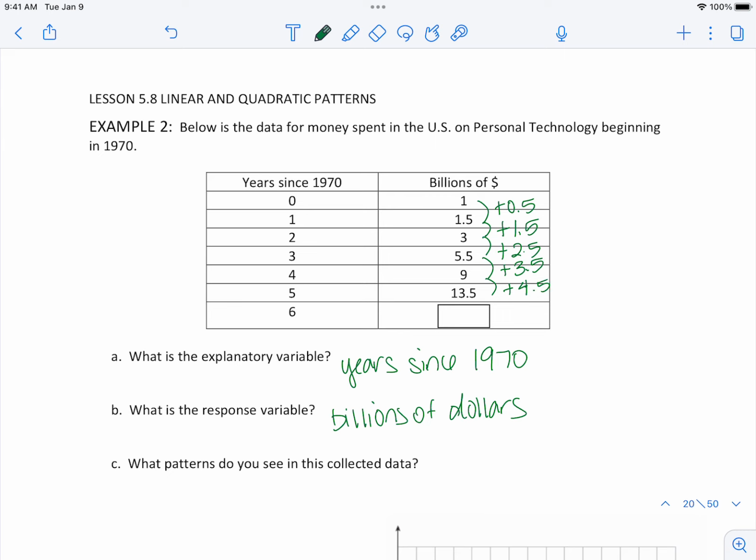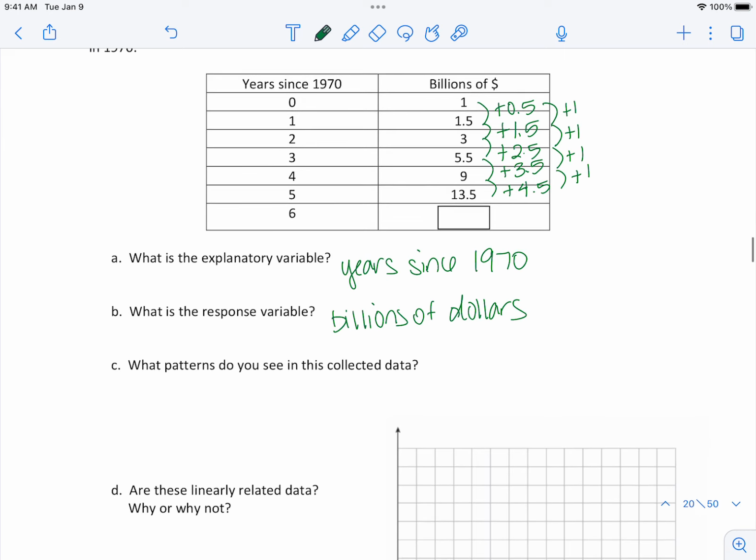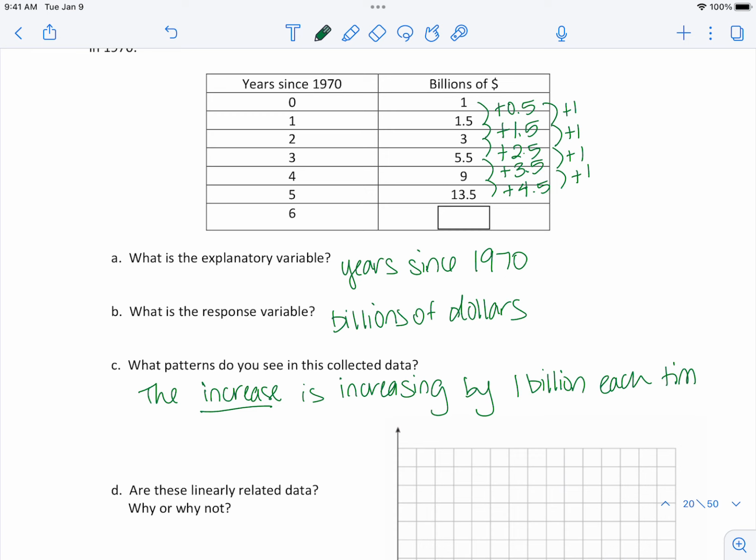So what's happening, if we notice, each of these increases is increasing by 1. So we could say the pattern we see is that the increase is increasing by 1 billion each time.